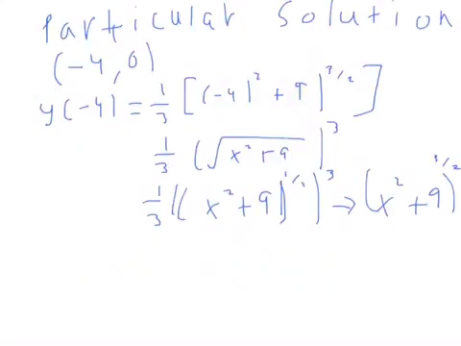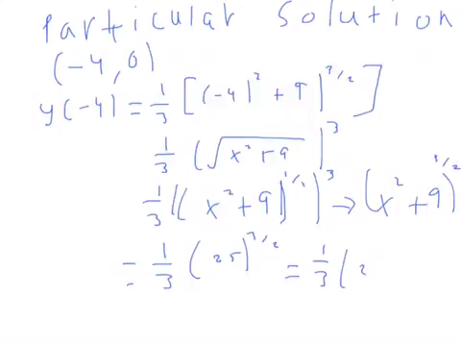All right, so now you just have to calculate the numbers. So it equals 1/3 times 16 plus 9 is 25, so 25 to the 3/2. So this simplifies. I'll show you how I did it.